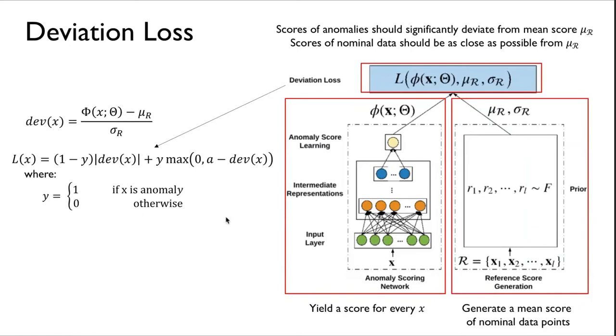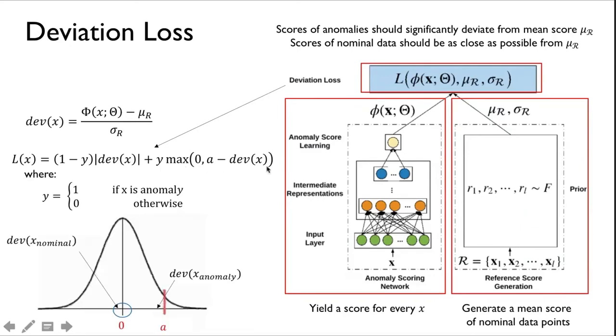So this loss function is similar to contrastive loss. Let's look at the loss value. If x is an anomaly, then 1 minus y will be 0. Then basically what you want to minimize is this second term, max of 0 and a minus dev(x).